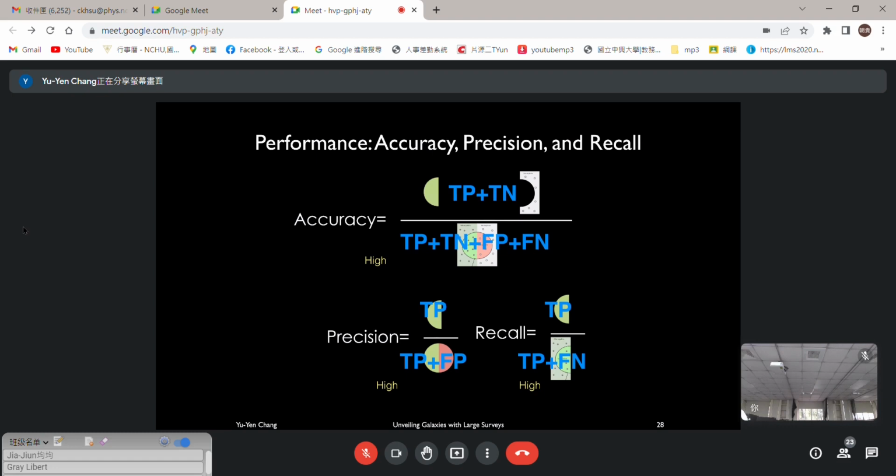We may also care about the precision, which means in the whole selected sample, how many sources are classified as AGNs. And we also care about recall, which means of all the real AGNs, how many are selected.